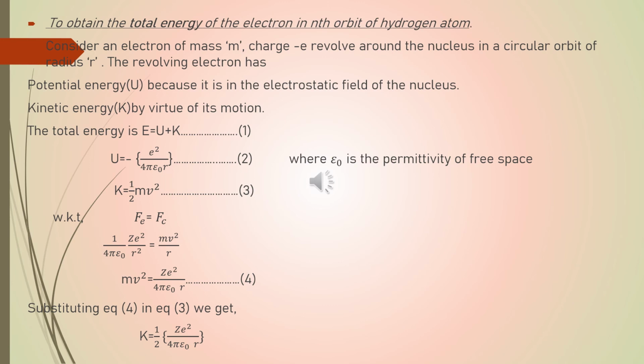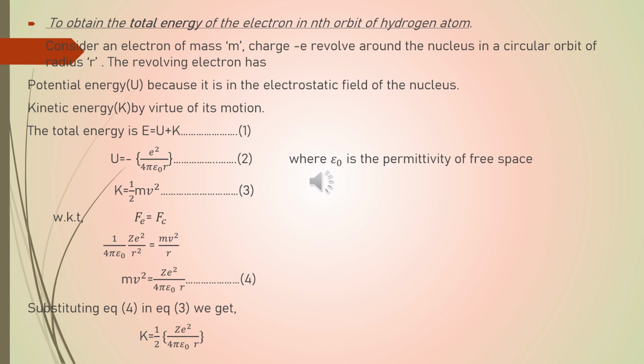The next derivation is the total energy of the electron in the nth orbit of the hydrogen atom. Let us consider an electron of mass m, charge e revolving round the nucleus of radius r. The revolving electron has potential energy because it is in the electrostatic field of the nucleus, and kinetic energy by virtue of its motion.